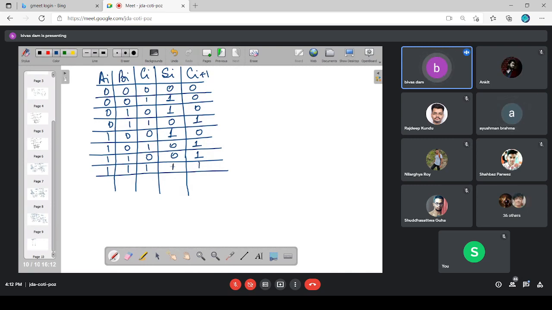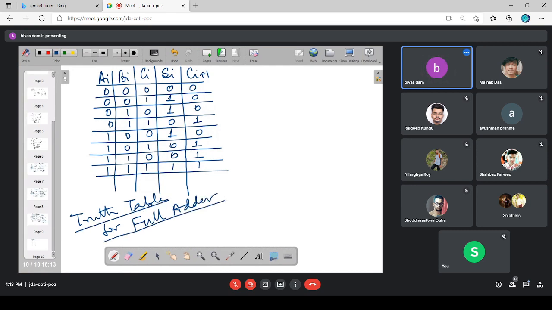So that's the truth table for the adder, which can perform the addition operation completely or fully. That's why this is the truth table for a full adder. Okay.